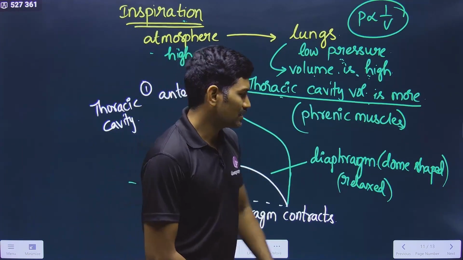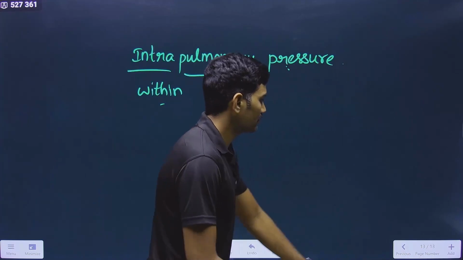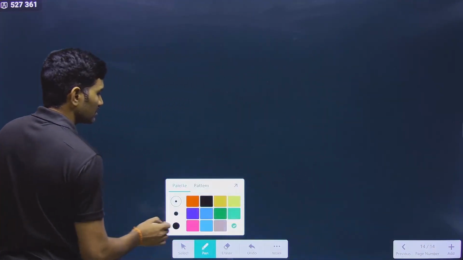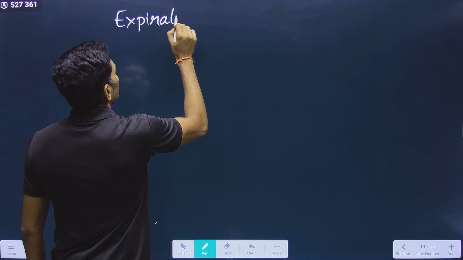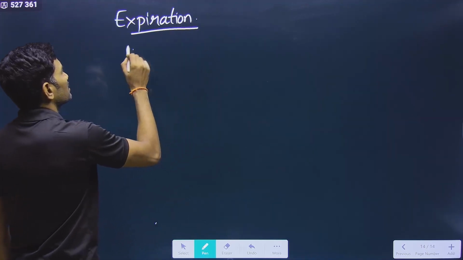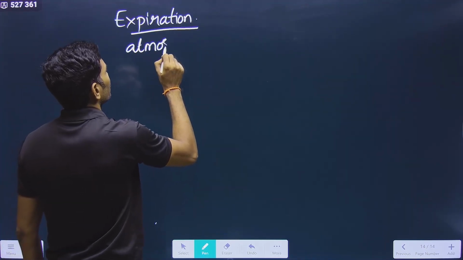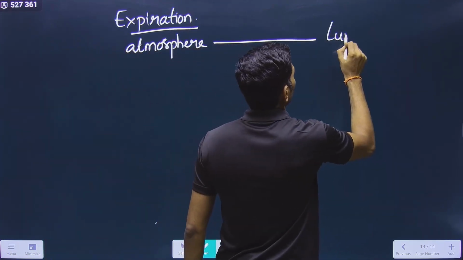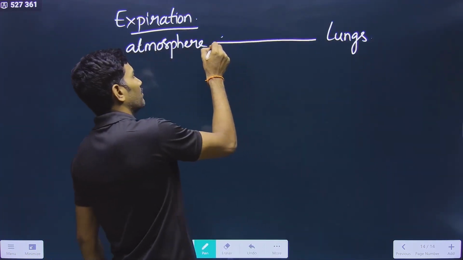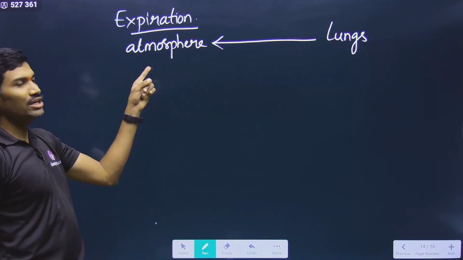Exactly opposite is expiration. Now observe carefully. If you know inspiration, you can easily understand expiration. In expiration, what happens? Atmospheric pressure remains the same, but air from the lungs is going into the atmosphere.